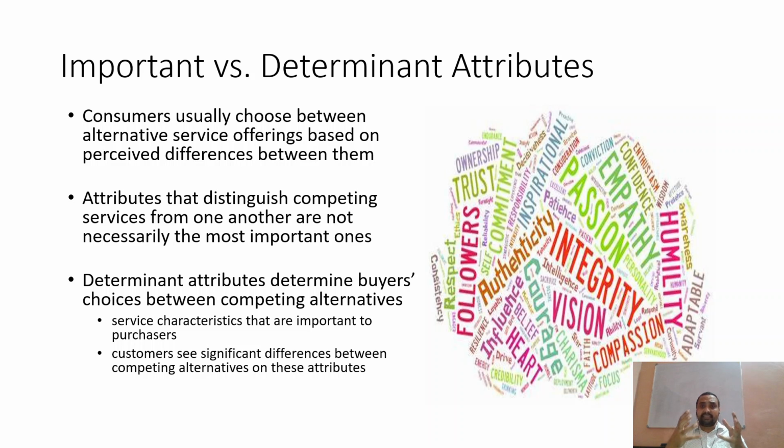These are the things that are strikingly different. But if I say I provide you safety and comfort, how would I compare? I cannot, right? So those important things will not help me take a buying decision. But those determinant factors are the factors which help a consumer to differentiate and make a buying decision.